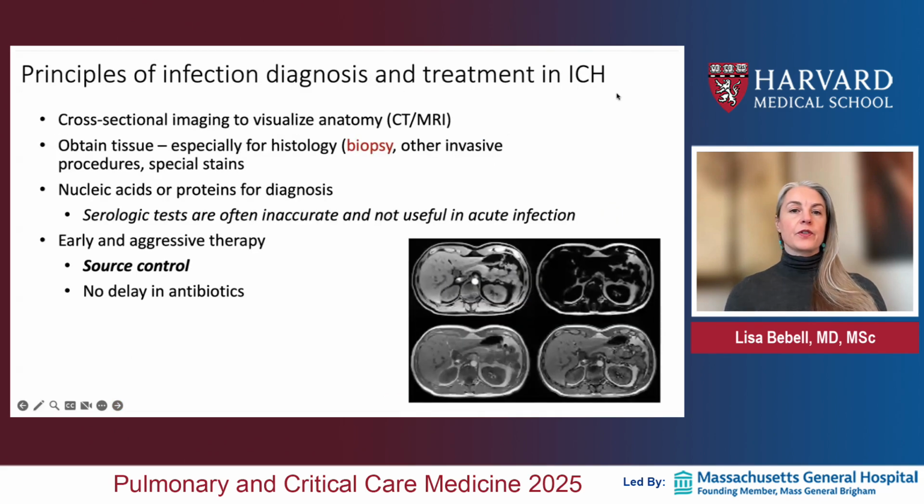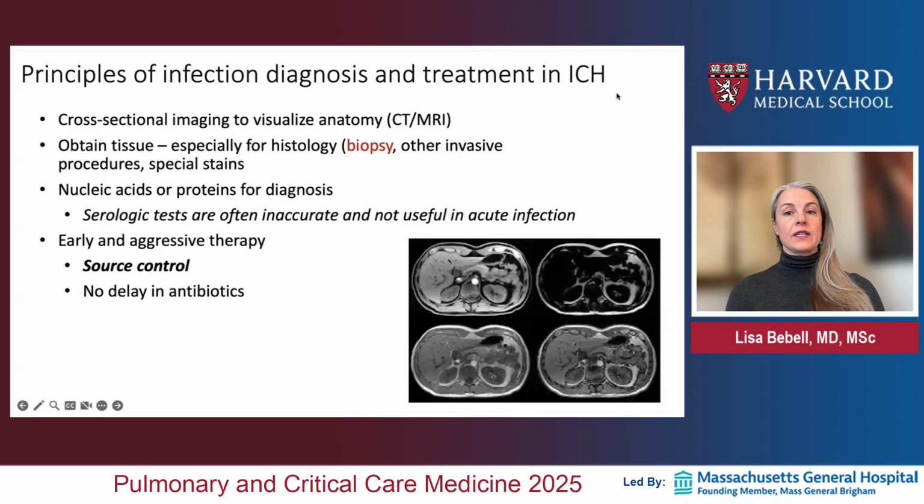The principles for diagnosis of infection and also for treatment in immune-compromised hosts are the same as for other patients in many cases. However, we really need more advanced diagnostics, and earlier. So you should have a lower threshold to initiate cross-sectional imaging to visualize the anatomy, including CT and MRI. And tissue is really critical in immune-compromised hosts, especially to get histology.